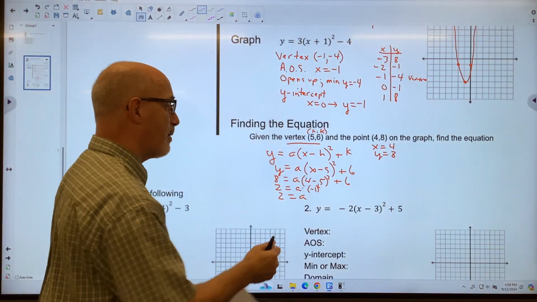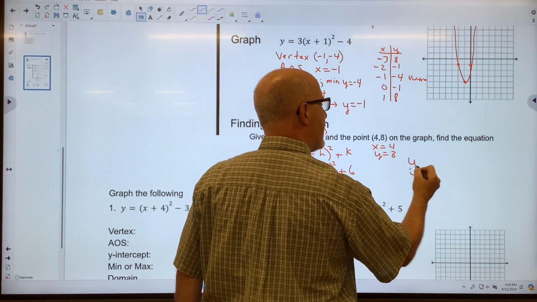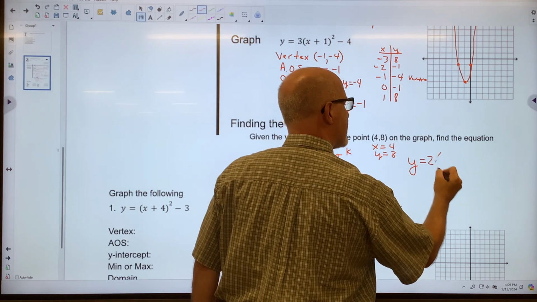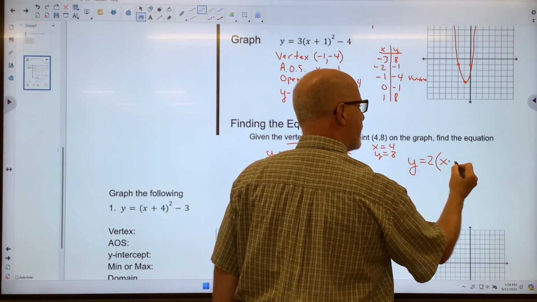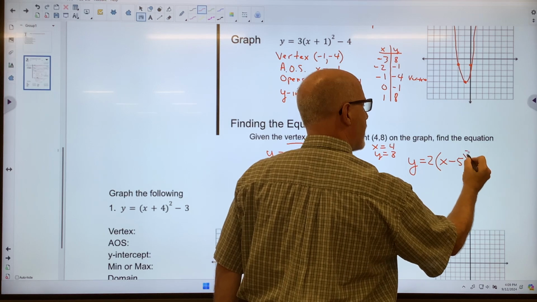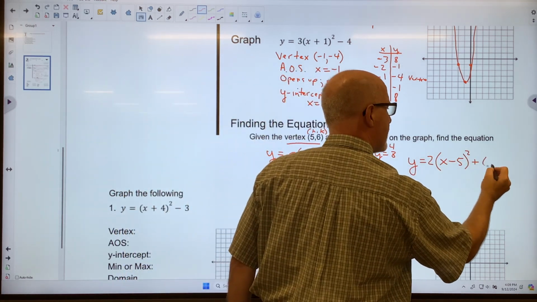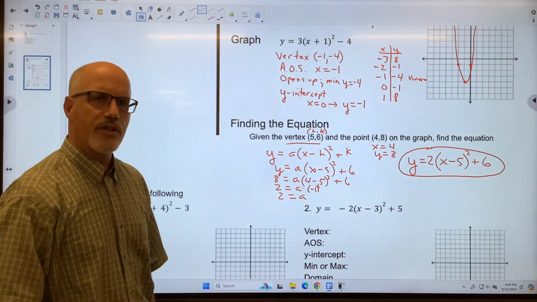We now can come up with the equation. If we put that back in, we're going to have y equals our a, which is 2, times x minus the x value at the vertex, x minus 5, squared, plus the k, which is the 6. There's my equation given the vertex and a point on the graph.